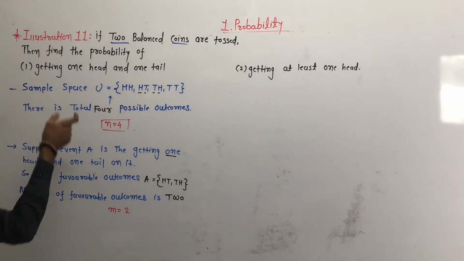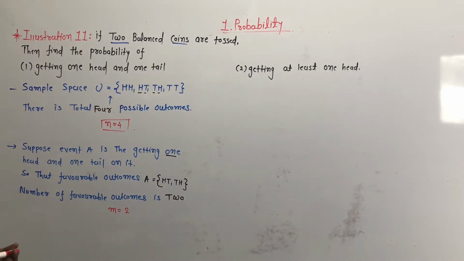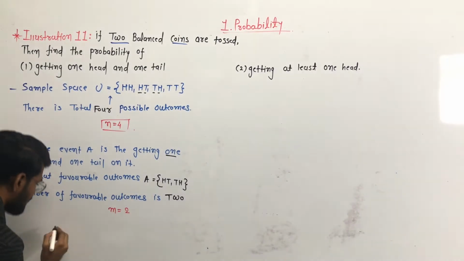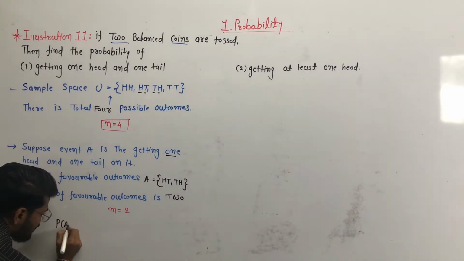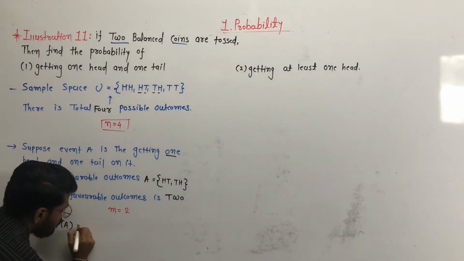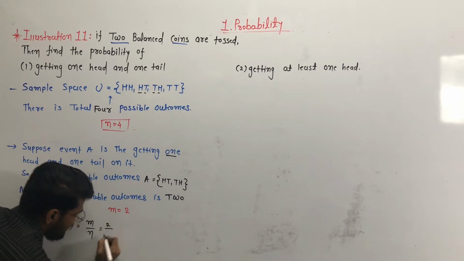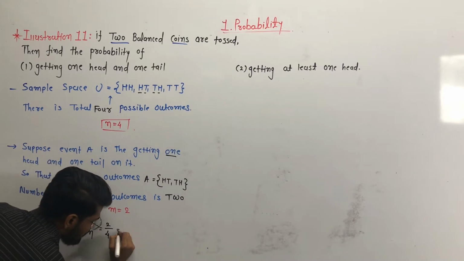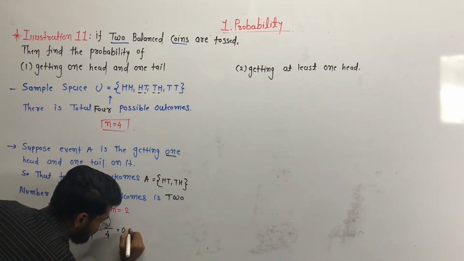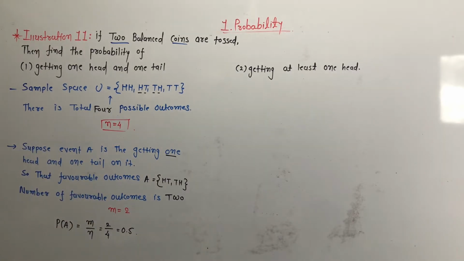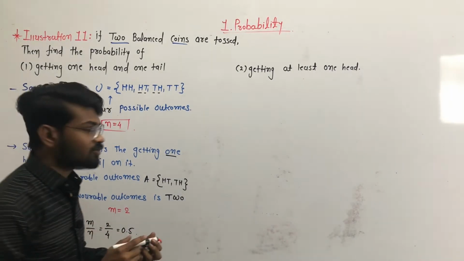Now we have to find the probability. The probability of the event A, denoted by P of A, is equal to M by N. M is equal to 2 and N is equal to 4, so it is 0.5. Clear? Done?